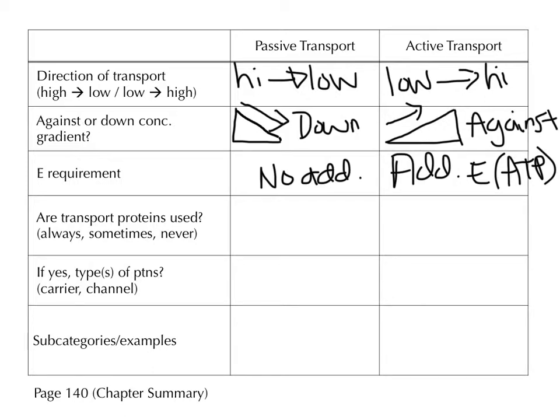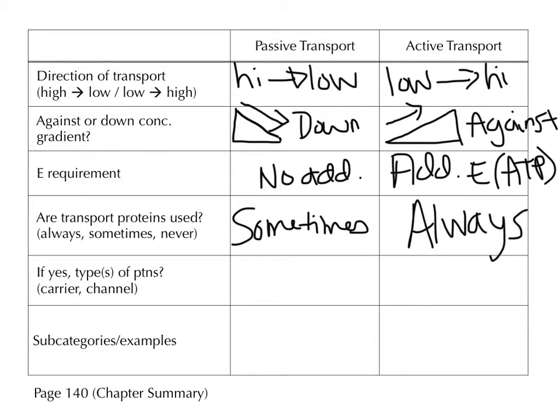Then we come to transport proteins. So passive transport, the two types, simple diffusion does not use transport proteins, but facilitated diffusion does. So we could say sometimes passive transport uses them. To pump against the gradient, you'll always need a transport protein for active transport. What types of proteins?